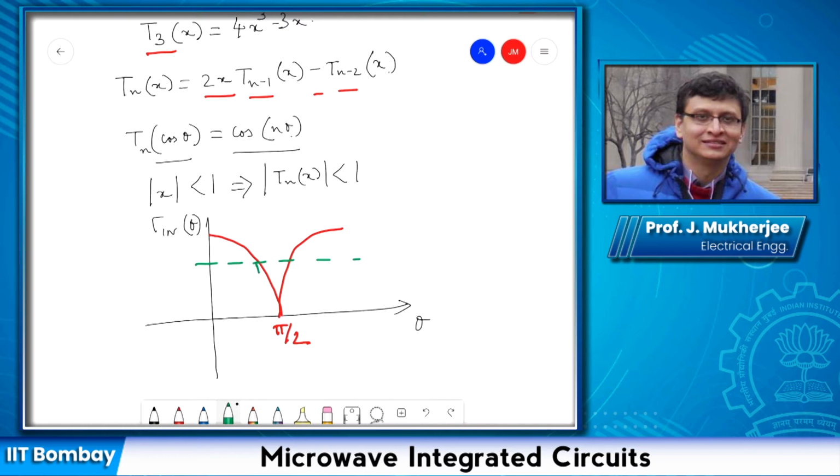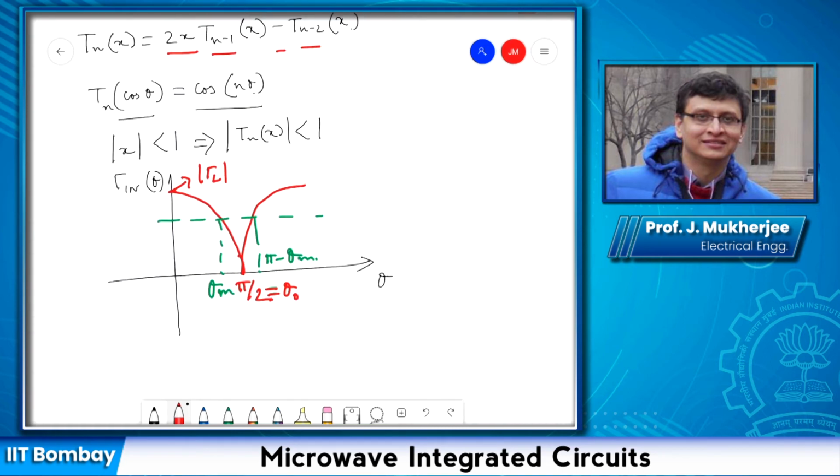This is my theta m. This is pi minus theta m. This pi by 2 is also sometimes called theta 0. This point corresponds to mod gamma. So this curve we have seen earlier also.